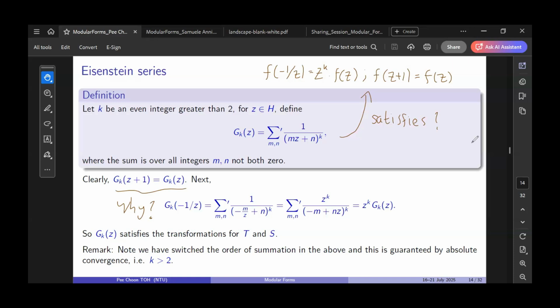Okay. Since (m, n) is a pair of all integers, then if we have z equal to 1, right? So basically, this is like this, right?